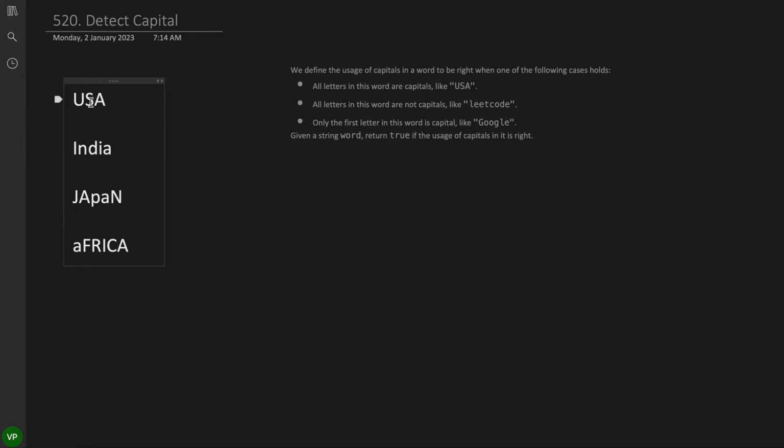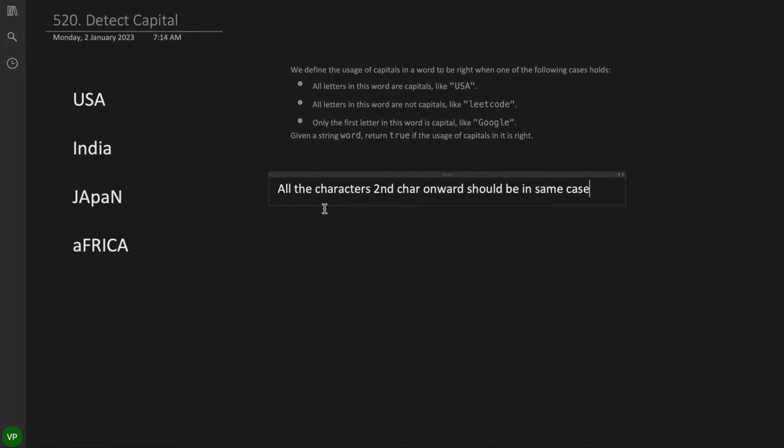If the first letter is capital, the rest of the letters can be small or can be capital, but they must be in the same case. So that is one condition: all the characters from the second character onward should be in the same case.